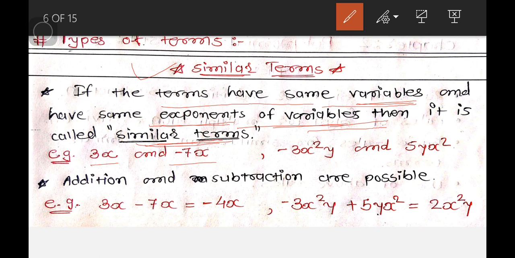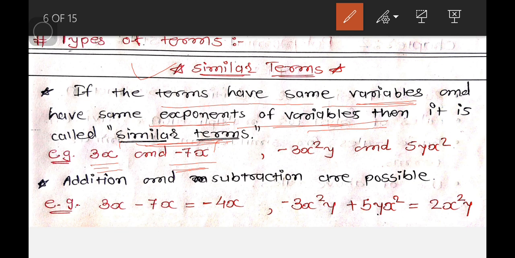We have to concentrate only on variables and exponents of variables. Here you can see that both terms have the same variable x, and you can also see that x has exponent 1 and here also exponent 1, so both terms have the same exponent of variable, then we can say that 3x and minus 7x are similar terms.